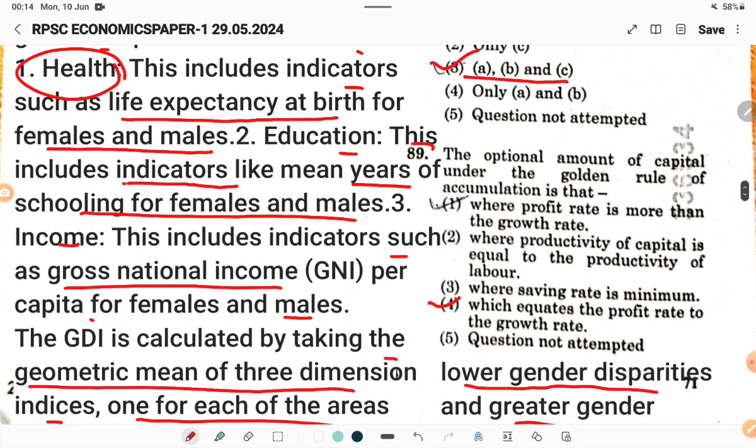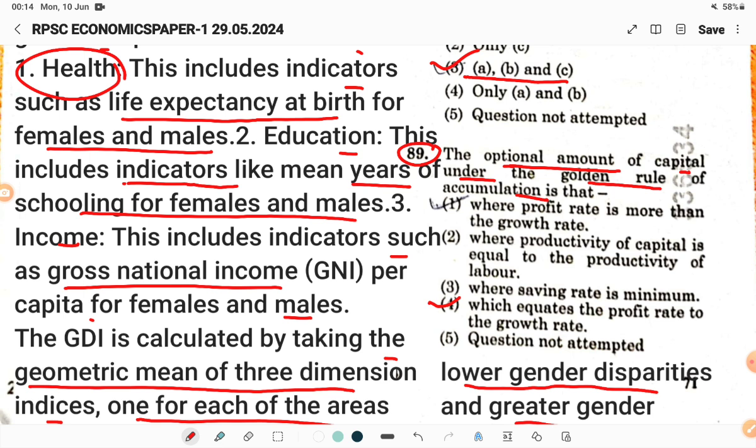Now the 89th question, the optimal amount of capital under the golden rule of accumulation is that statement first, where profit rate is more than the growth rate. This statement is not correct here, because this scenario is not consistent with the golden rule of accumulation.